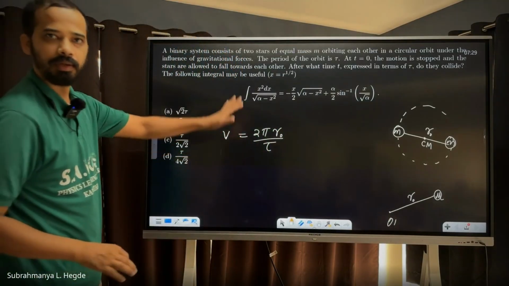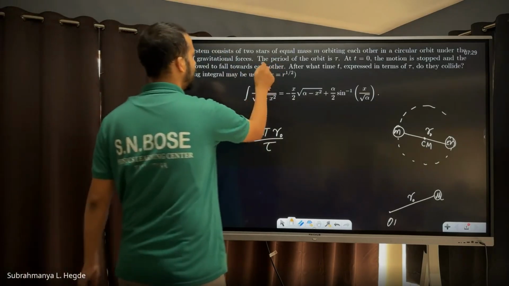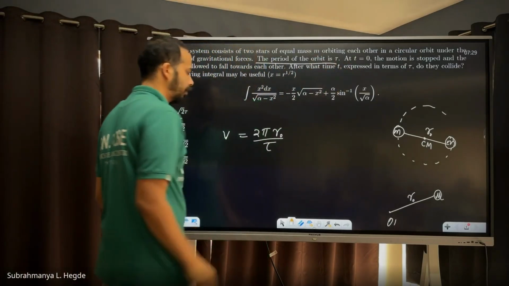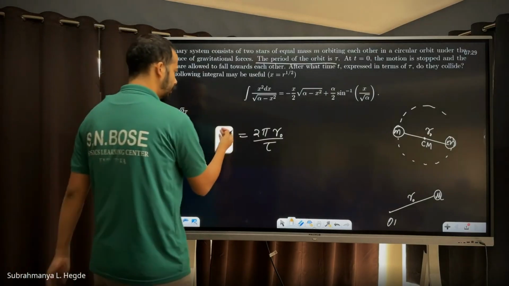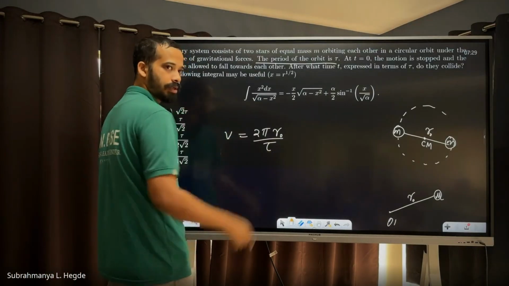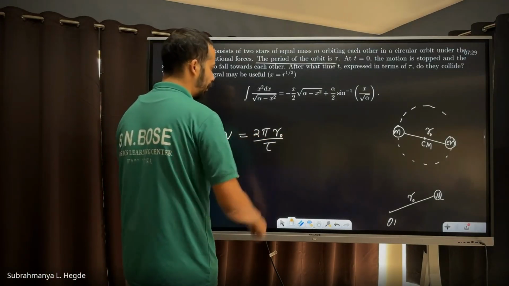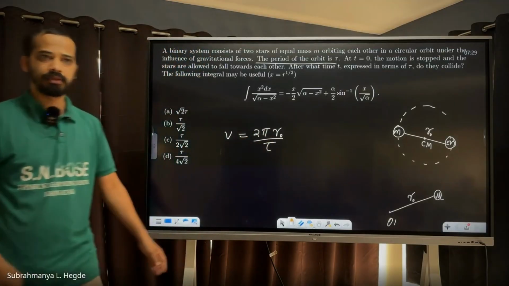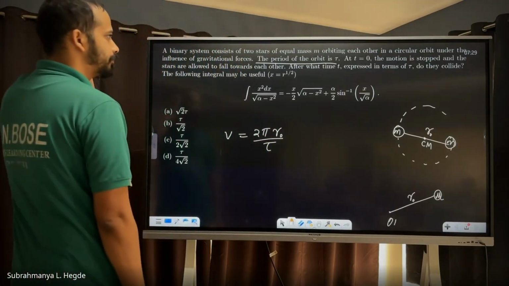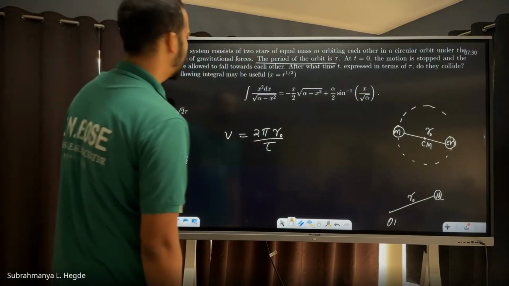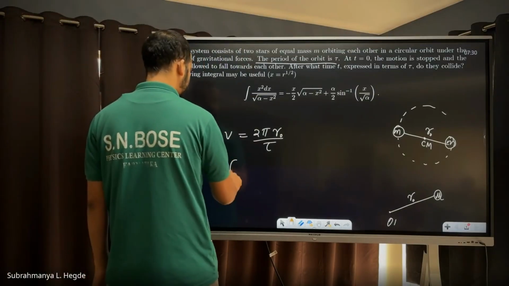Because he mentioned the period of that circular orbit, I just defined how that period is defined. That is the speed in that circular orbit, 2 pi r naught, the radius of the circular orbit, divided by tau.